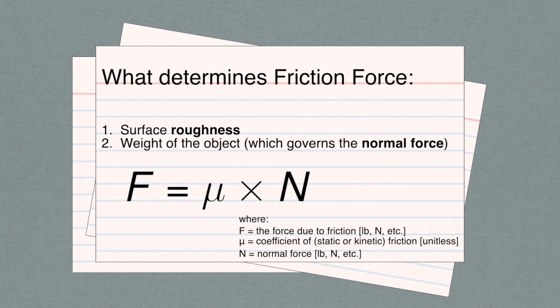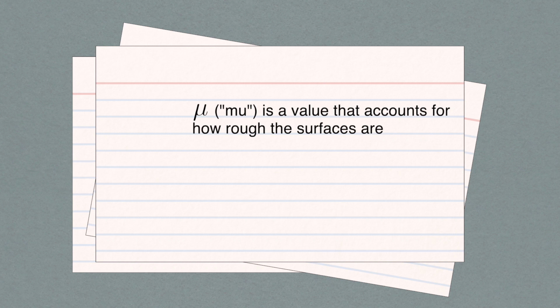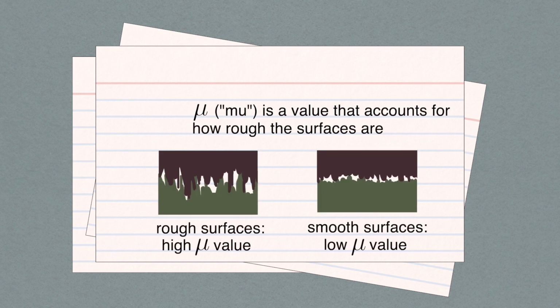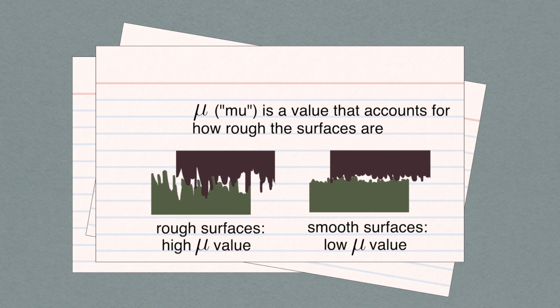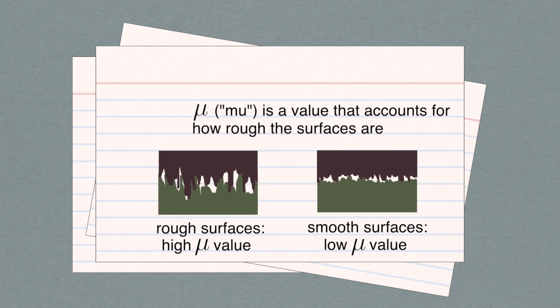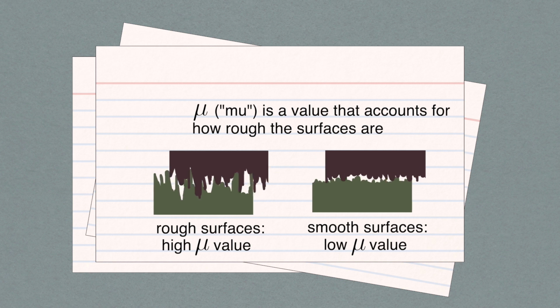It's a variable where we can just plug in a number, it's usually a decimal, that manipulates how strong the force will be, because mu is a value that takes into account how rough or smooth the surface is. And the rougher the surface is, the stronger the force due to friction is going to be. So basically, the rougher the surface is, the more difficult it's going to be to slide something across it. And mu is the coefficient, the decimal, that takes that into account.